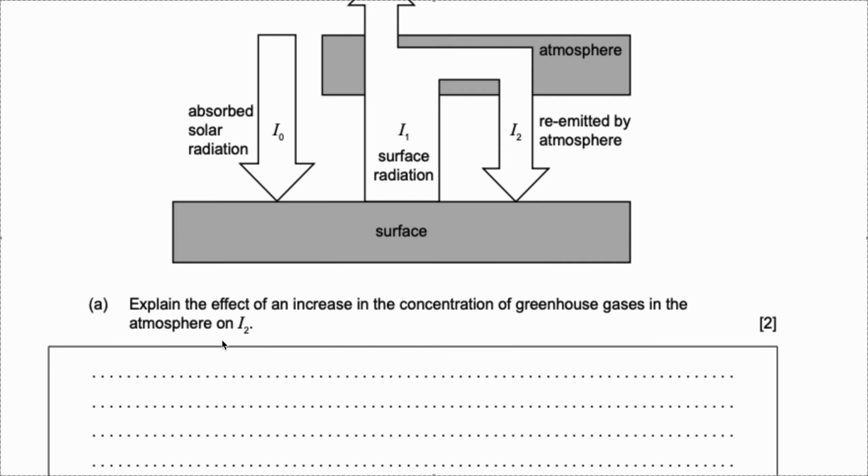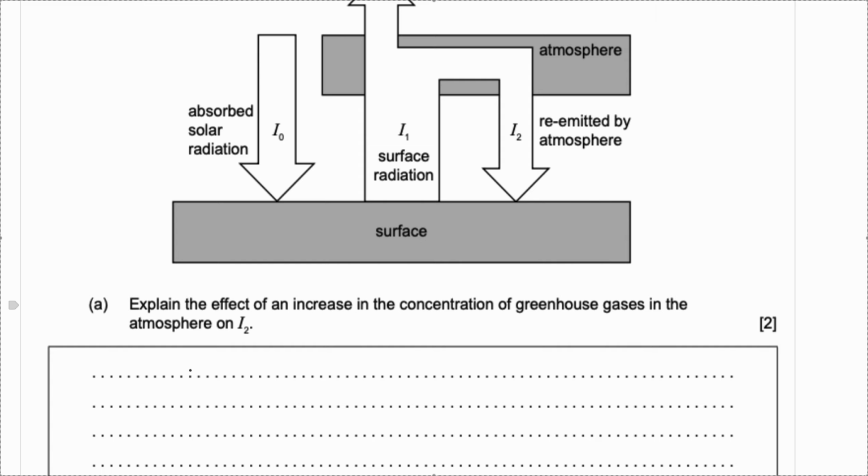on I2. I2 is basically what is re-emitted back onto the surface by the atmosphere. Now this is simply based on the concept of greenhouse effect. Now what is the greenhouse effect, you might ask? Greenhouse effect is essentially the idea that the sun will emit some radiation towards the earth and the earth will absorb this radiation.